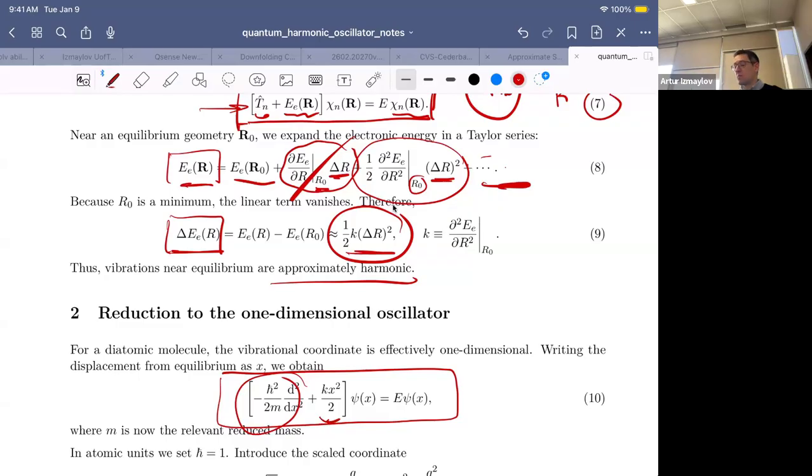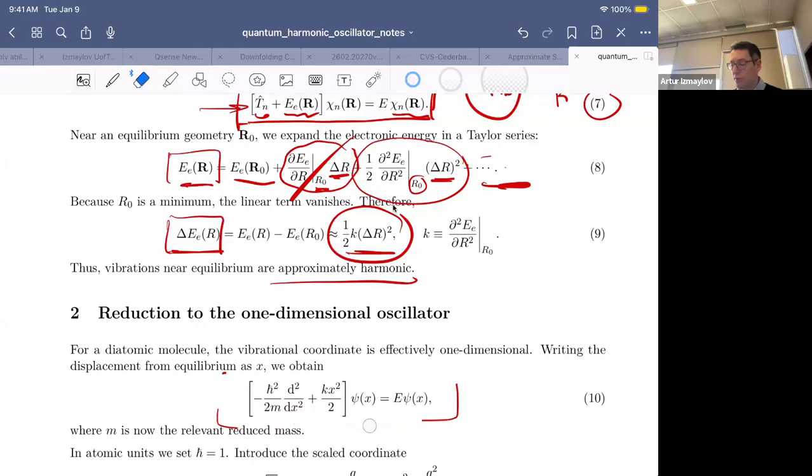Potential was 0 inside the box. Outside the box, it was infinite, so there was no function outside the box. But in this case, we have a quadratic potential. And now we are considering how we can solve this, right? So that's the idea.